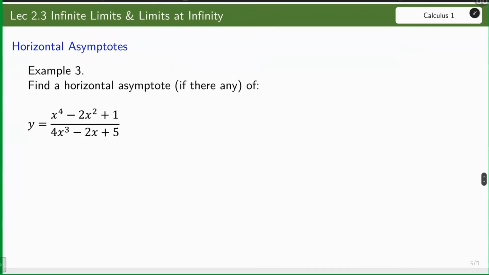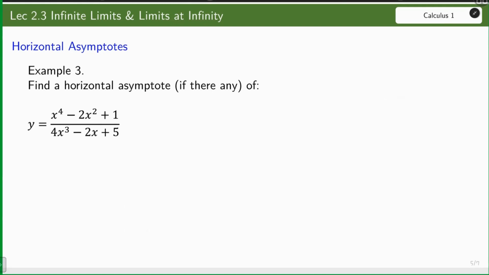Number 3, find a horizontal asymptote, if there are any, of y equal to x raised to 4 minus 2x squared plus 1 all over 4x cubed minus 2x plus 5. Here we have a polynomial in the numerator and the denominator. The first thing that we are going to do is to check the highest powered variable in the numerator and the denominator.